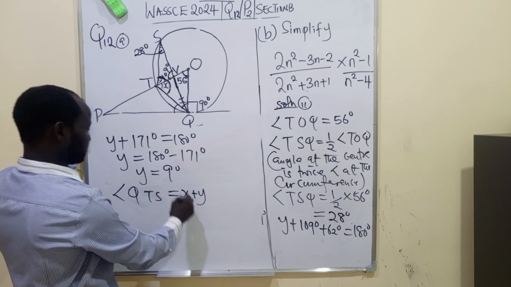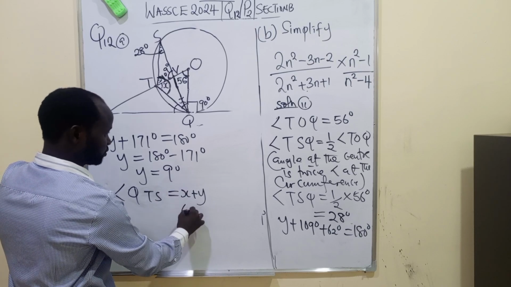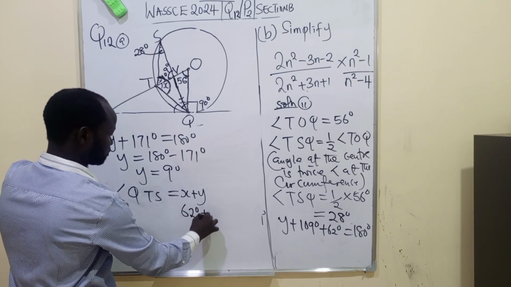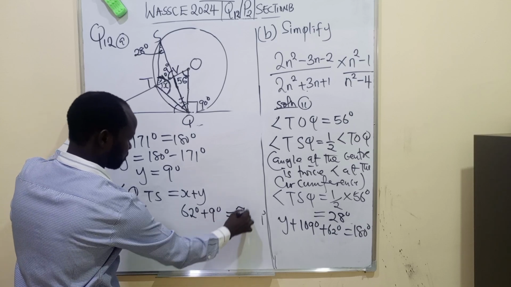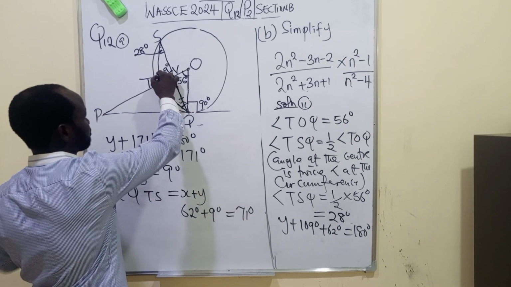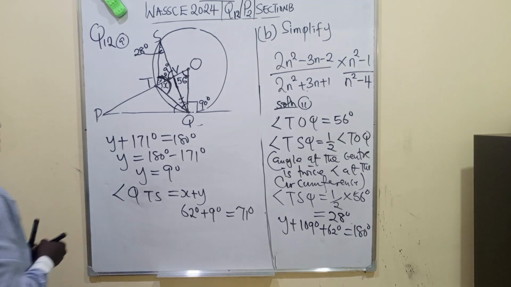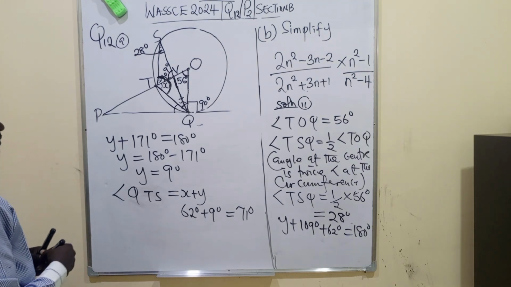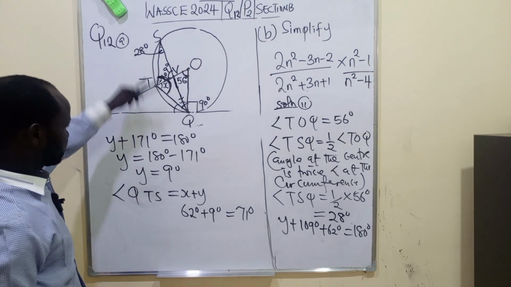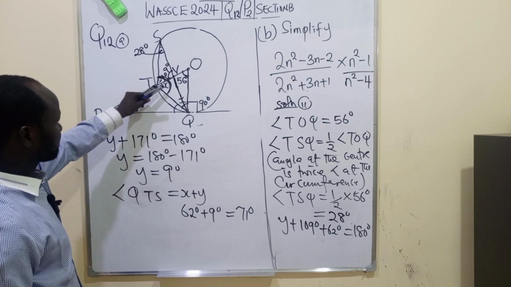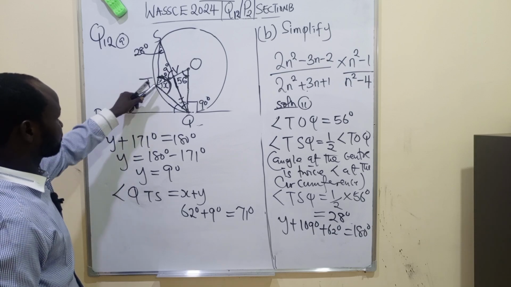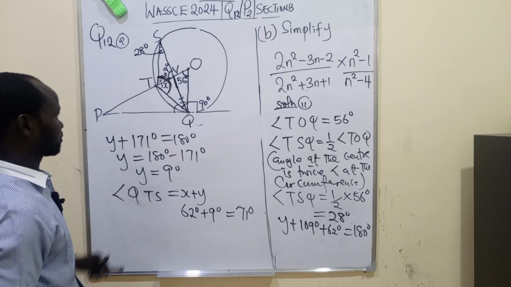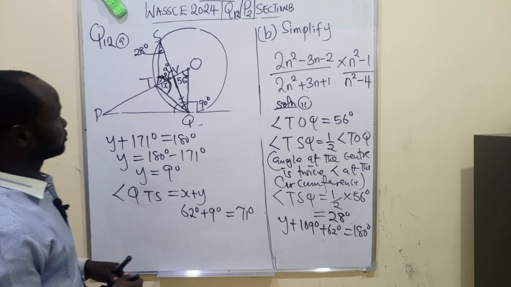Given that x is 62 degrees before and y is 9 degrees, this will be 71 degrees. So the whole of this angle here is 71 degrees. If we sum this and this, it gives us the whole angle. Okay, so this is the solution to 12a.